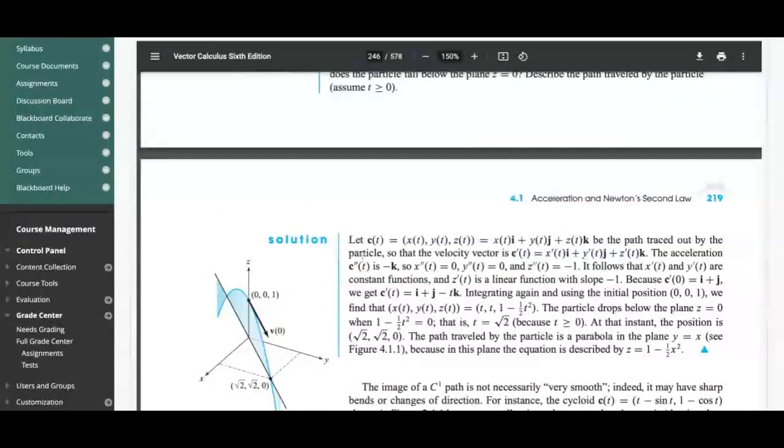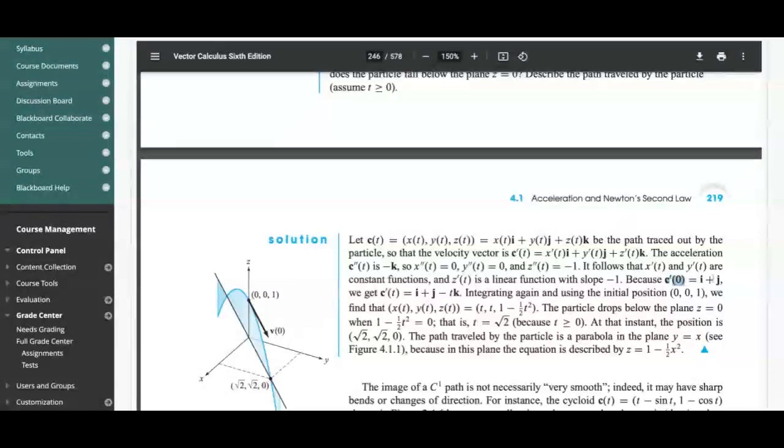The acceleration is negative k, so that means second derivative in x direction is 0, second derivative in y direction is 0, and second derivative in z direction is negative 1. And first derivative of x and y are constant functions, right? Because the second derivative is 0. And then z prime is linear because second derivative is negative 1.